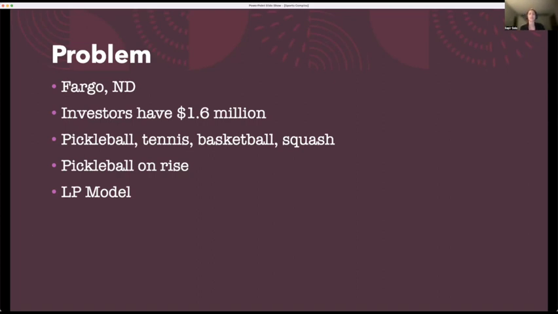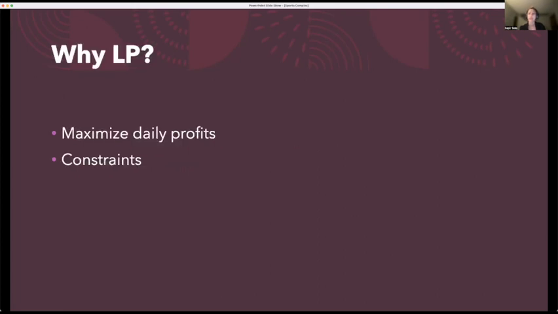The approach for this problem is to utilize a linear programming model, and I'll discuss why a linear programming model. The reason I picked this model is because I wanted to maximize the daily profits for this investment. There are many constraints that I'll go over in the next couple of slides.